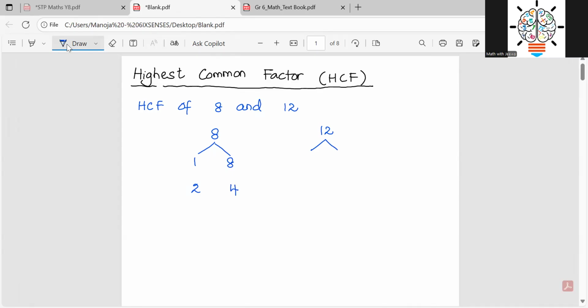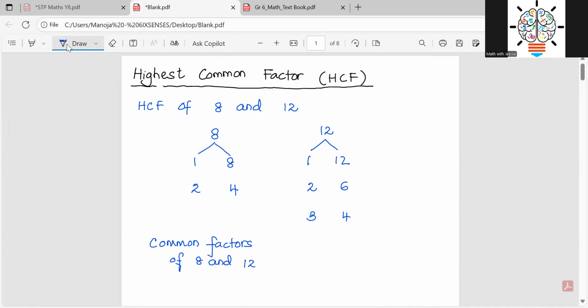Do we have anything else? No. 1 times 12, 2 times 6, 3 times 4. Then what we do, children, we write down the common factors. Out of these, what are the common factors of 8 and 12?